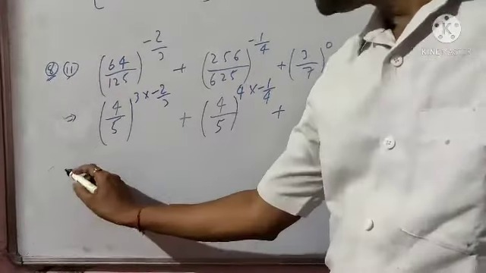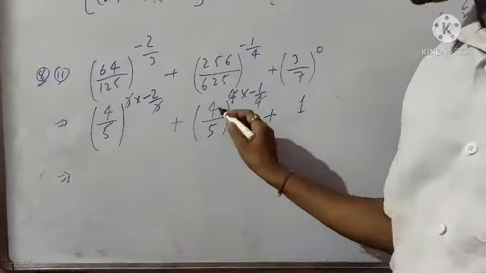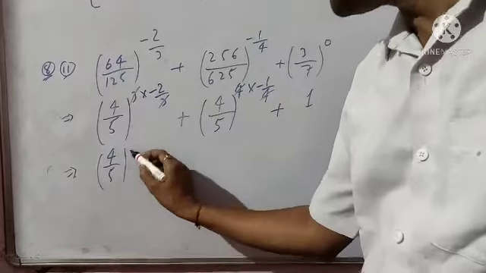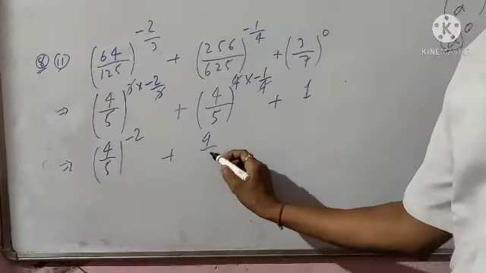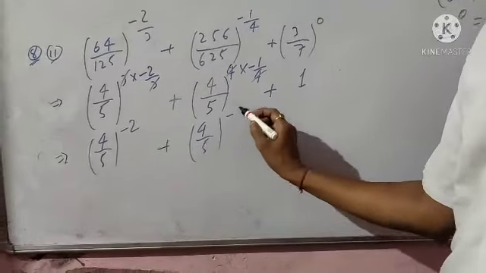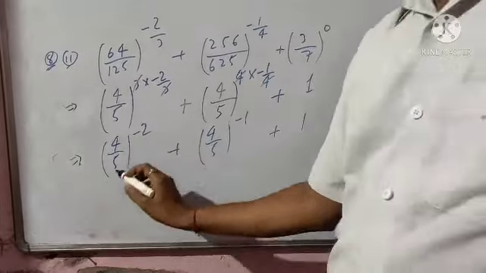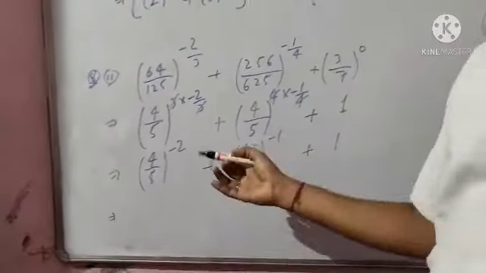Okay, here 3 and 3 are cancelled, 4 and 4 are cancelled. So 4 by 5, the whole power is -2, plus 4 by 5, and the whole power is -1, plus 1. We know that if the power is negative, then we can make the reciprocal form.